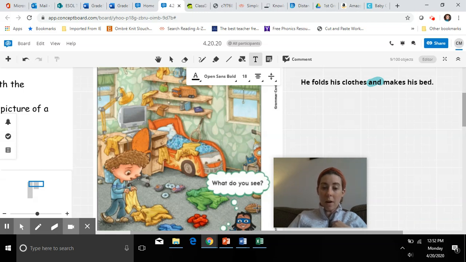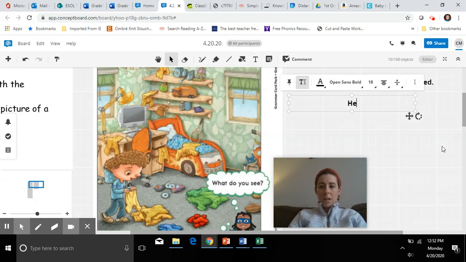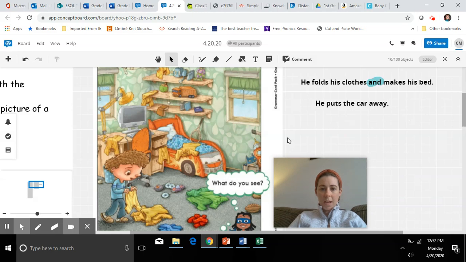Maybe his ball, maybe his car, maybe his tennis racket. Let's identify some of those things. He puts the car away. Okay, he puts the car away.